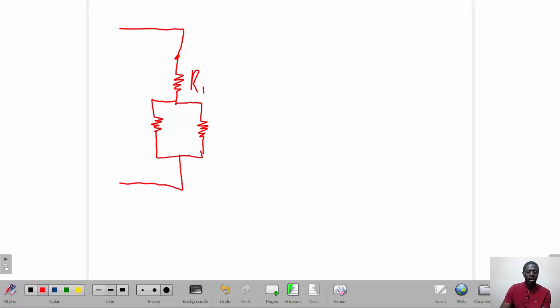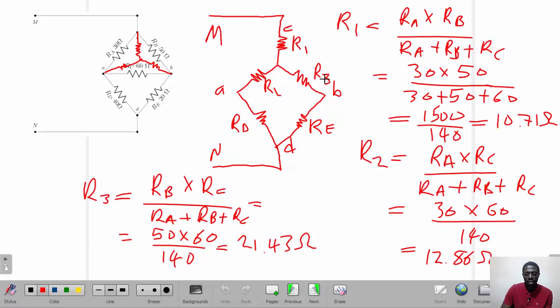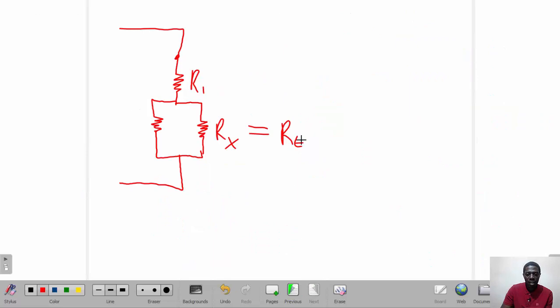So this is our R1, and now this is our R. We can label it anything, Rx for instance, and this Rx is the sum of, if you remember, R3 and RE, as the RE plus R3.